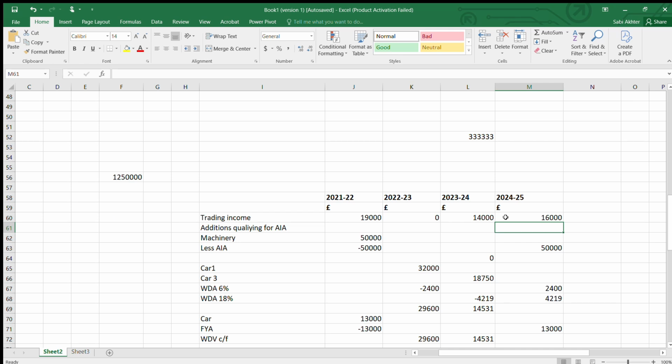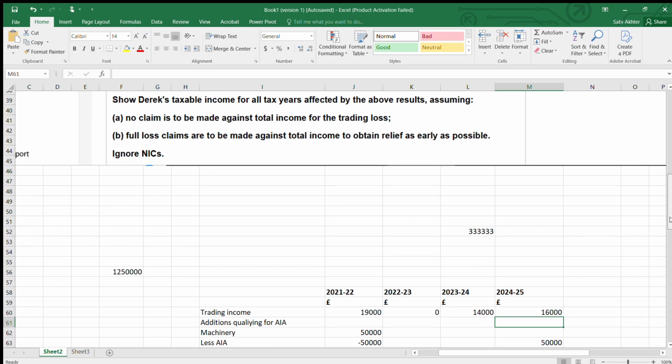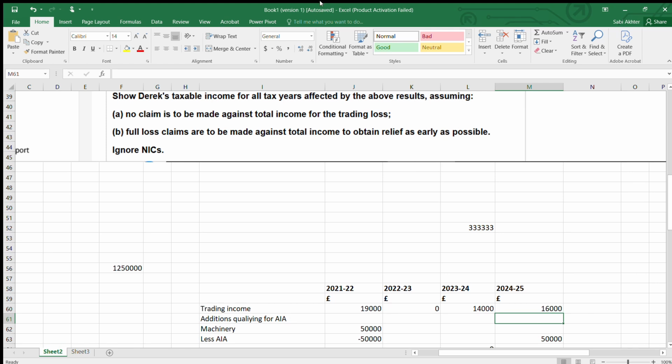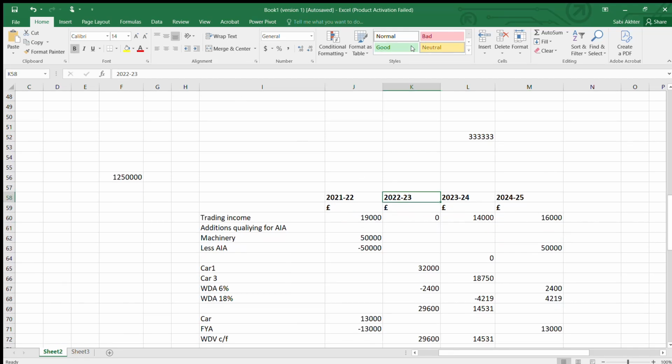Now here, no claim. So you are not making any claim against total income either in this year or the previous year. What is the option? Carry it forward. Remember this is the tax year of loss. When you carry it forward, you have to take it against trading income.